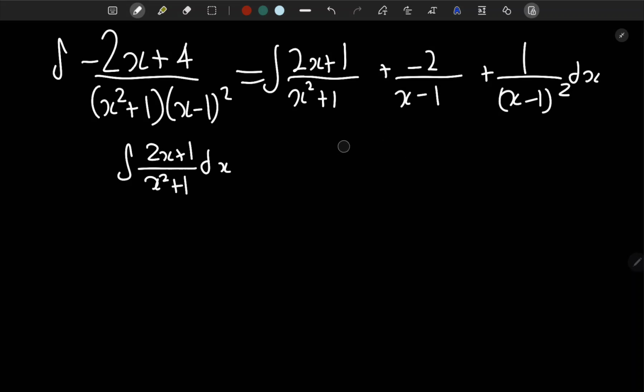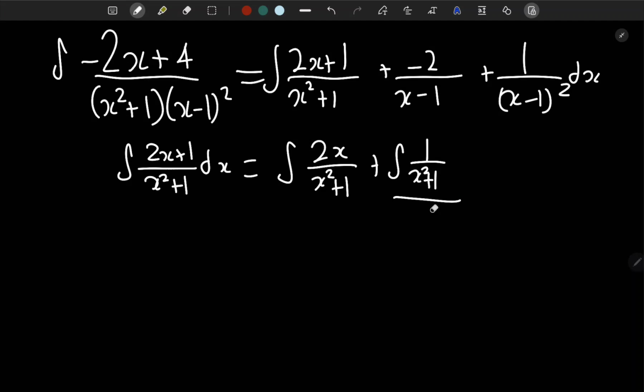So we actually need to split this fraction into two parts. So one part is going to be 2x over x squared plus 1, plus the integration of 1 over x squared plus 1, and this is a trigonometric identity of tan inverse x.